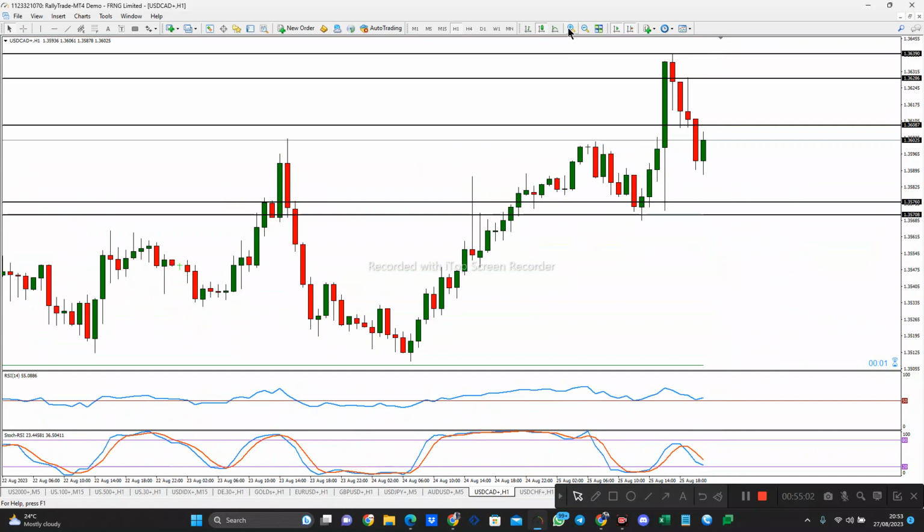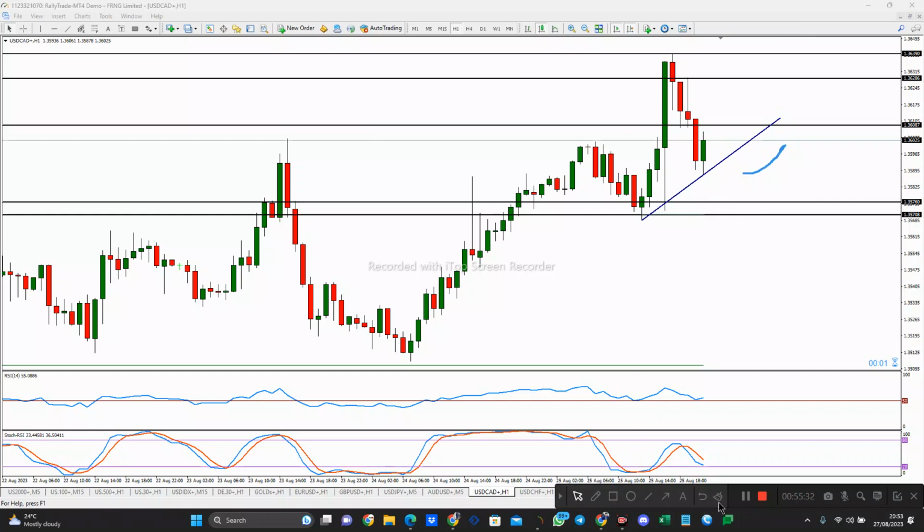So I'm linking this low here to this current one here, and then I want to draw my moving average and make sure that my moving average is below this current market price, to push the price up, anywhere below, as long as it's below this current market price on 1 hour.